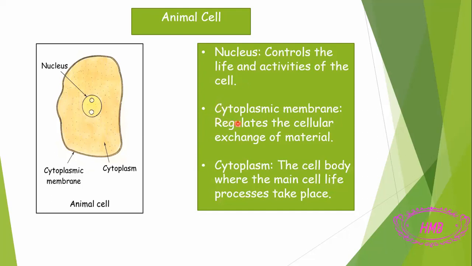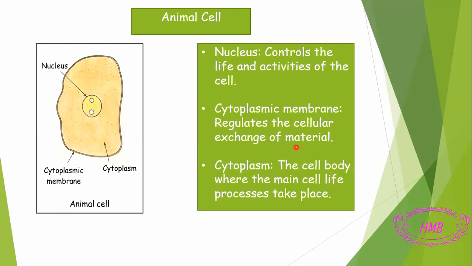The second part, which is the border, we call it cytoplasmic membrane. Why do cells have a cytoplasmic membrane? They regulate the cellular exchange of material. As you know, cells are living; they are things that have life.